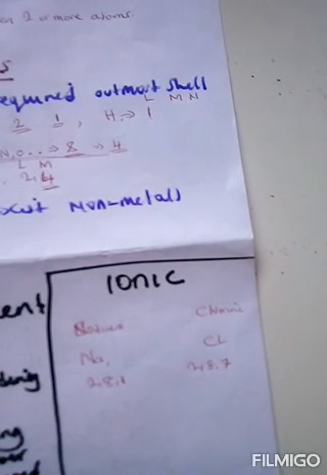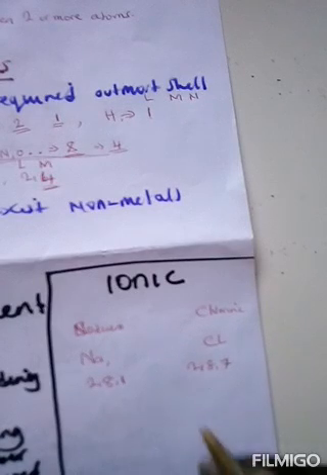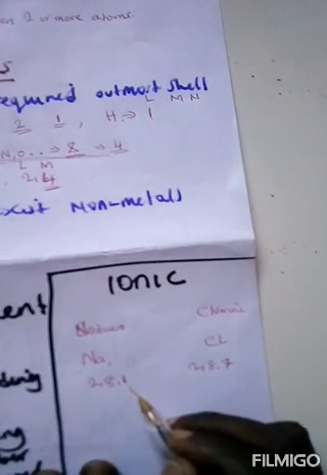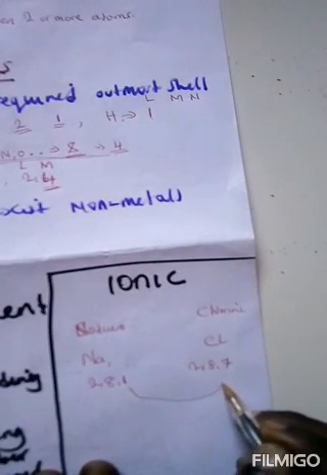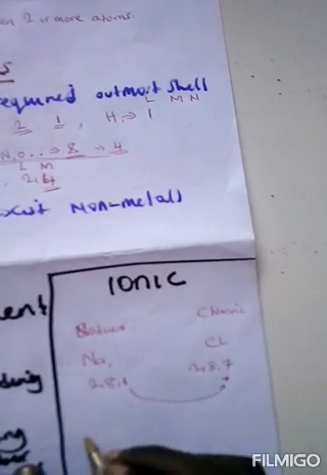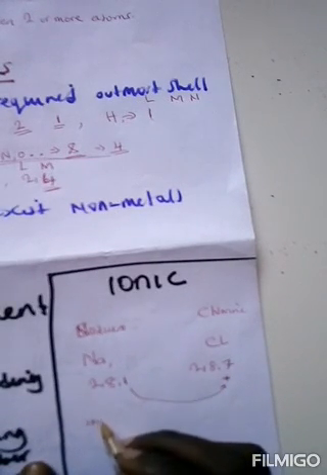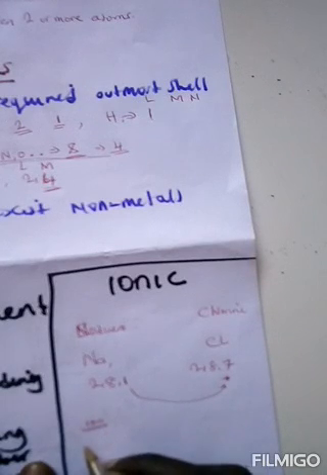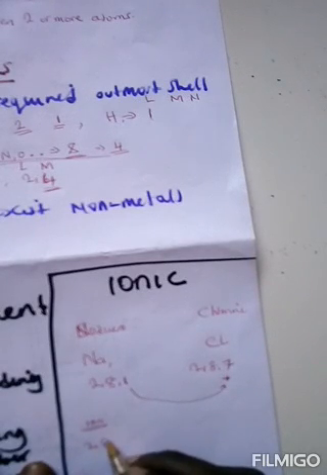So sodium will lose this electron to chlorine, so that after sodium has lost it and becomes an ion, it becomes 2,8.